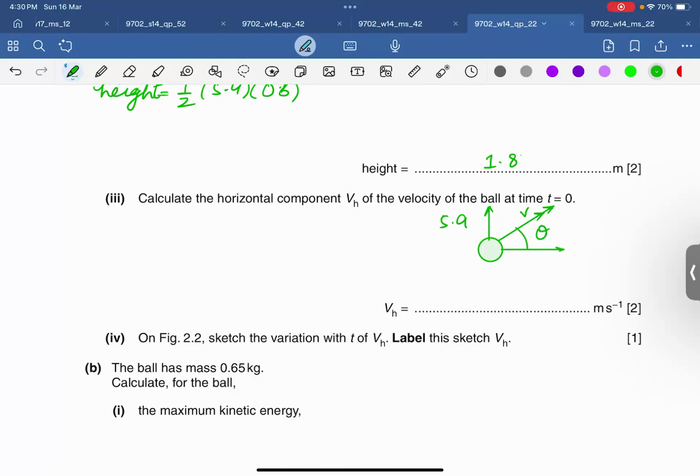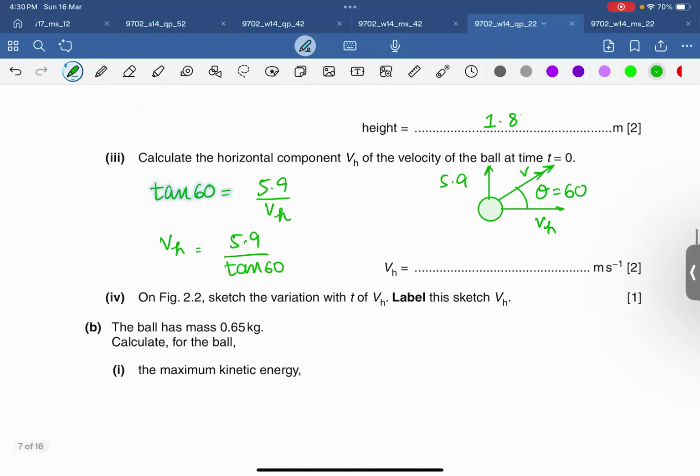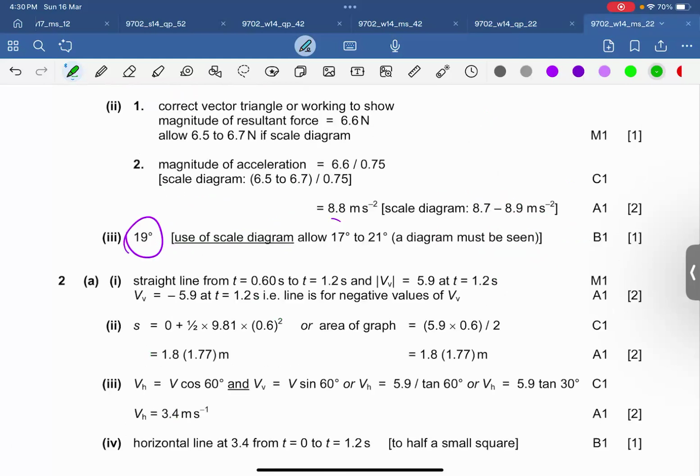You'll get the answer. So tan 60 equals 5.9 divided by VH. It's 3.41, 3.4. Fine. Okay, let's move on.